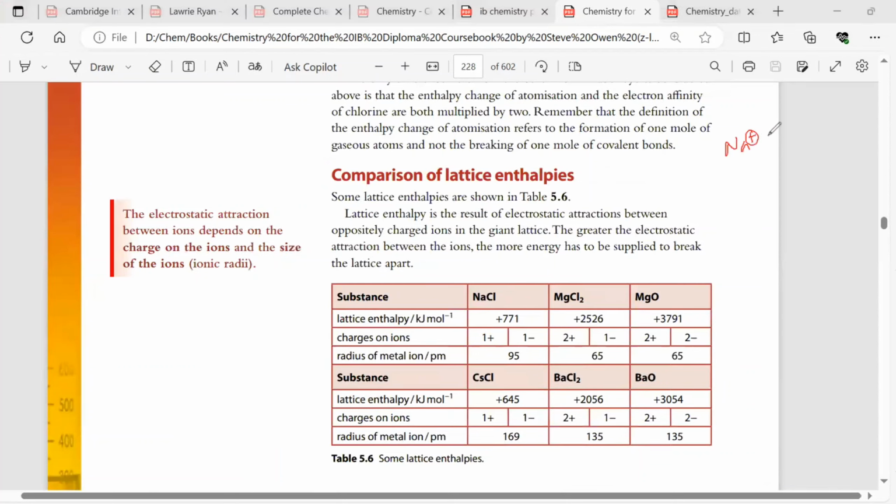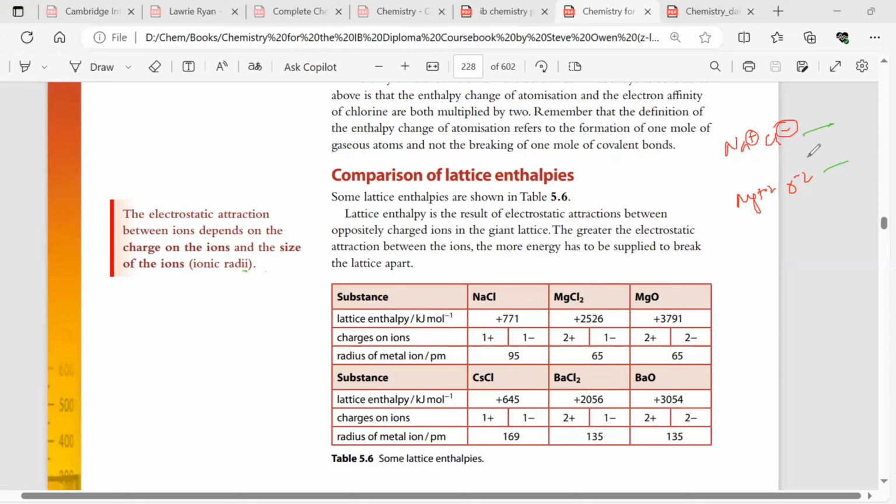Suppose you're having Na+ Cl minus, and, Celia, if you're having Mg2+ O2 minus, where will the lattice enthalpy be more, in NaCl or in Mg2+ O2 minus? O2 minus.